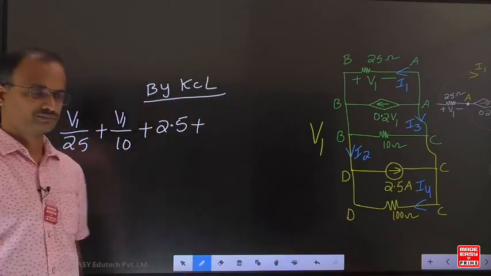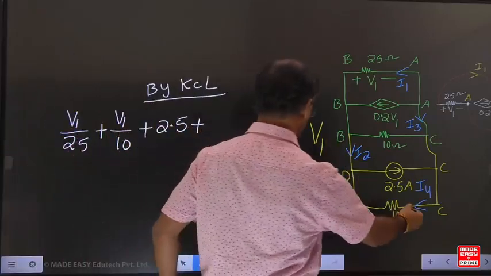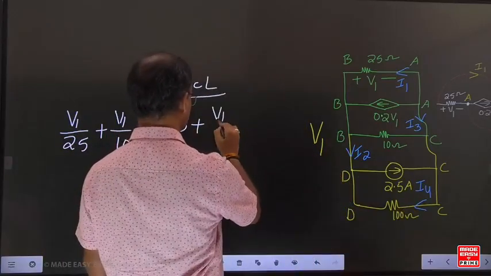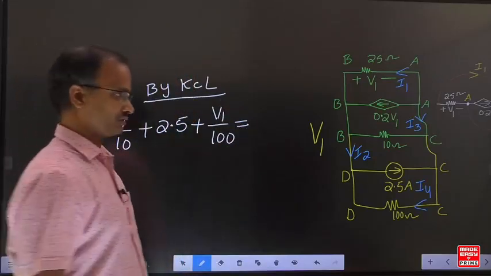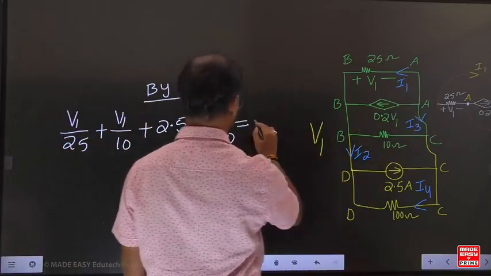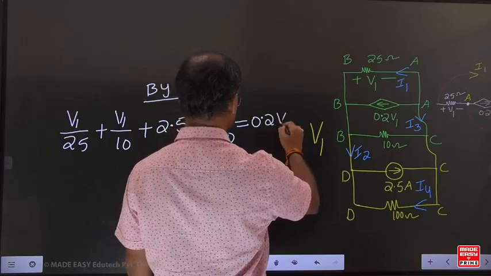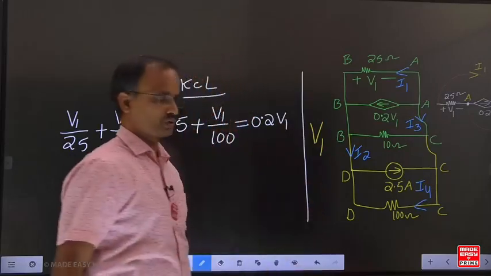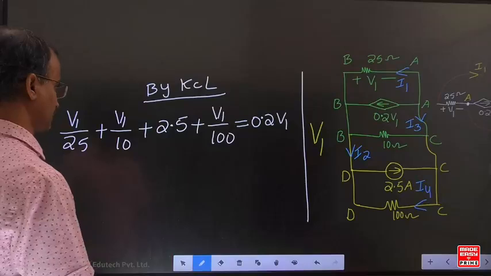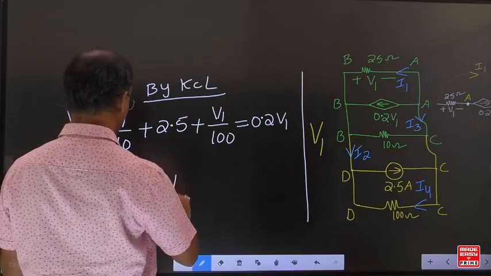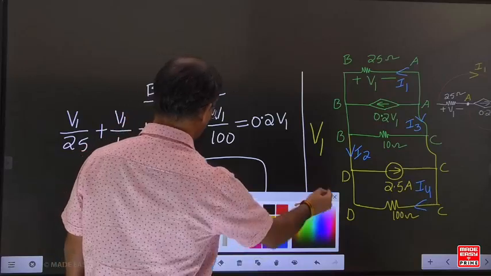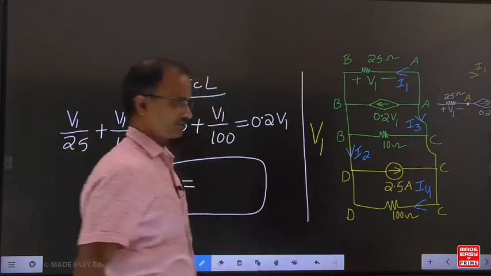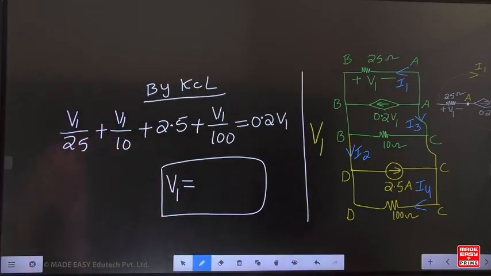This one, V1 by 100, also outgoing current. Then this one is 0.2 V1, the incoming current. Sum of outgoing currents equals sum of incoming currents. By simplifying, can you find the value of V1? Check it. Simplify and find V1.